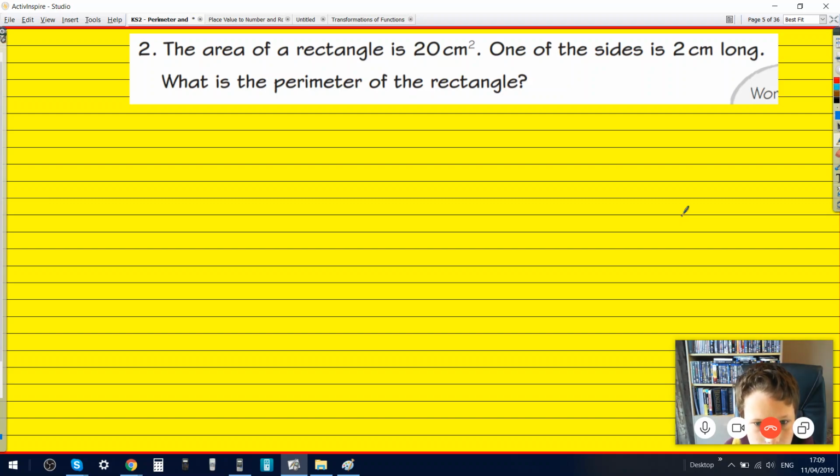So we need to do 20 times... No, we will need to do 20 times 2. No. Wait, no. We will need to do 20 plus 20 plus 2 plus 2. One of the sides isn't 20, the area is 20.